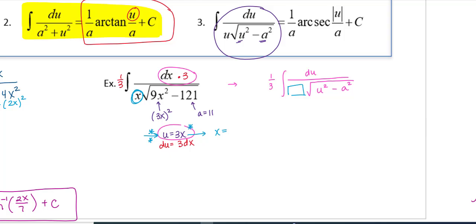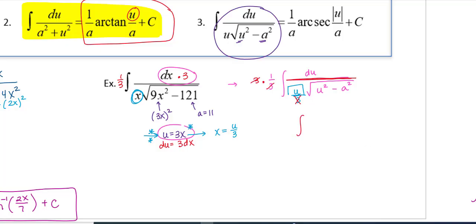We might need it more than one time. So if u is 3x, then x equals u over 3. So that's what this will be, u over 3. And then I'm going to get lucky because dividing by 3 here in the denominator, I can bring that out as multiplying in the numerator. Again, multiply by the reciprocal if you want to think of it that way.